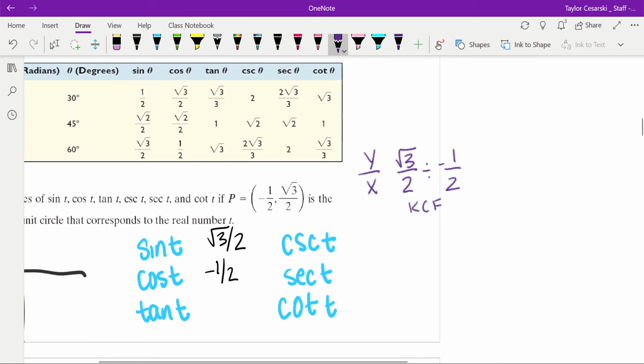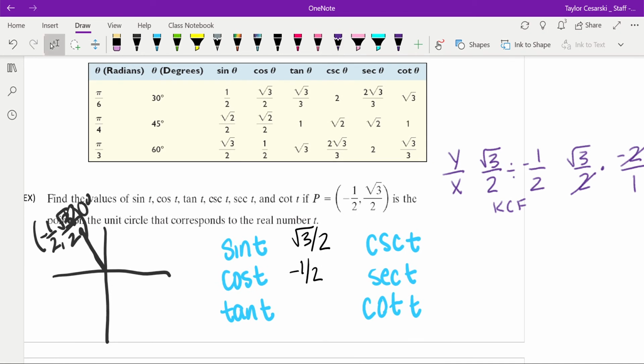And that's going to turn into square root of 3 over 2 times negative 2 over 1. So keep your first fraction the same, change division to multiplication, and flip your second fraction. So I can cross out the 2's, and I get negative square root 3 over 1, which is just negative square root 3.